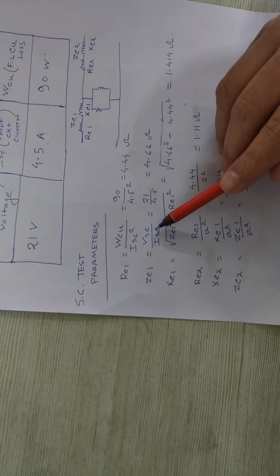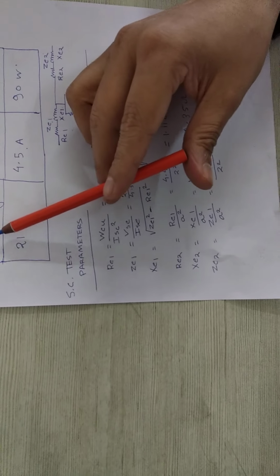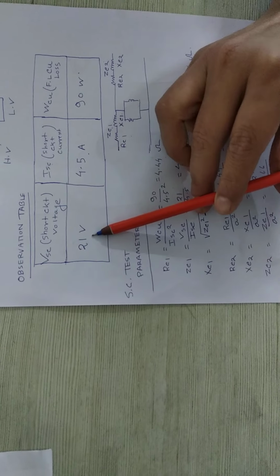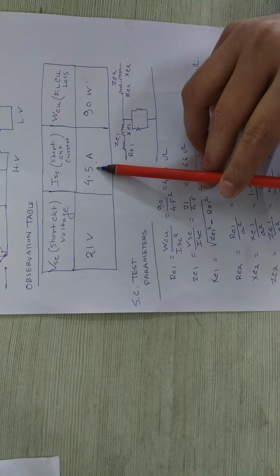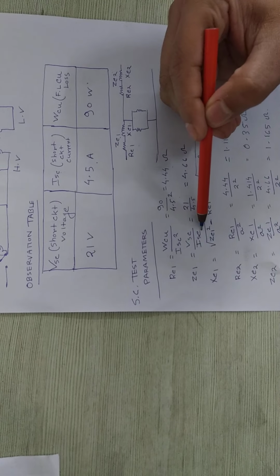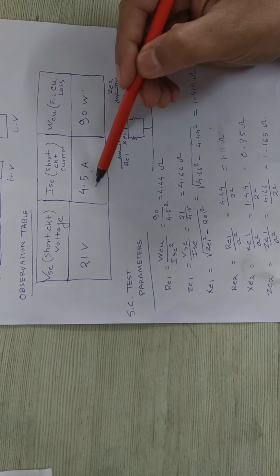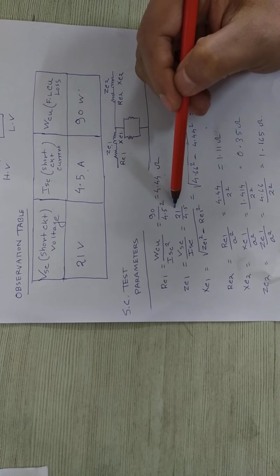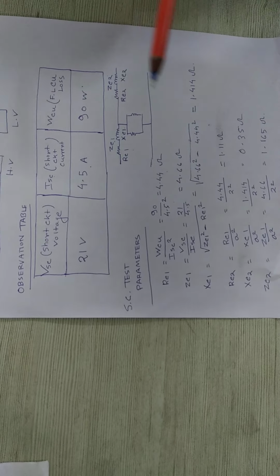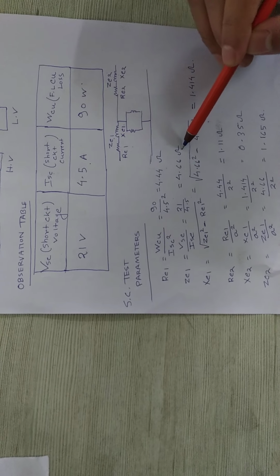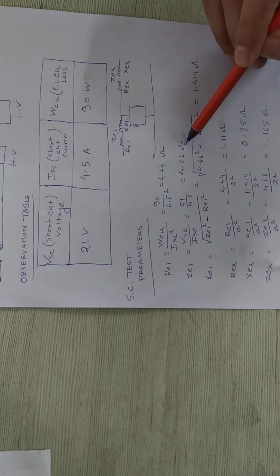ZE1 means the equivalent impedance referred to primary. Z equals, we know, V by I, V means the short circuit voltage, that is 21 volt, and I is 4.5 ampere, so that is VSC by ISC. So 21 by 4.5 equals 4.66 ohm, that is ZE1.